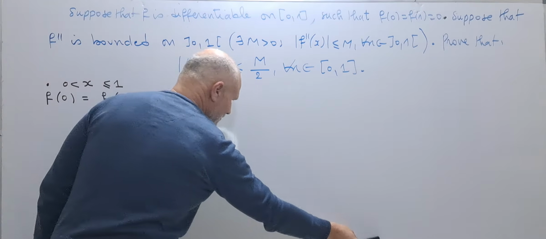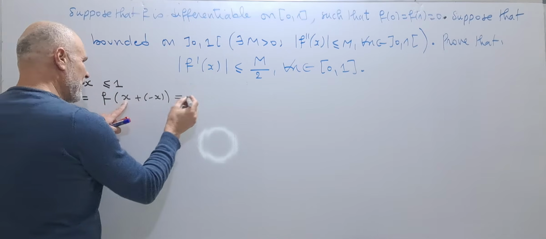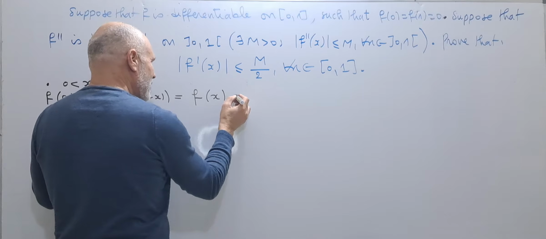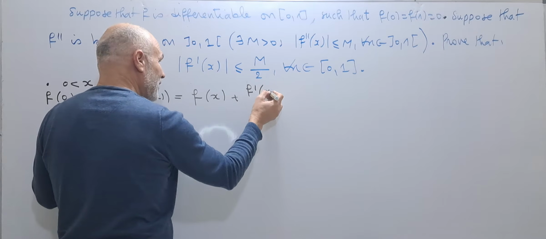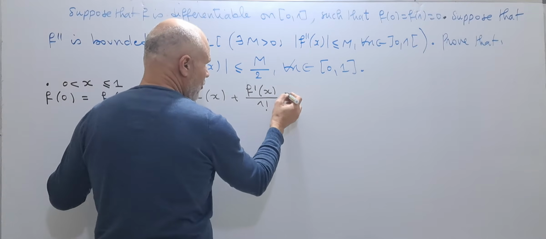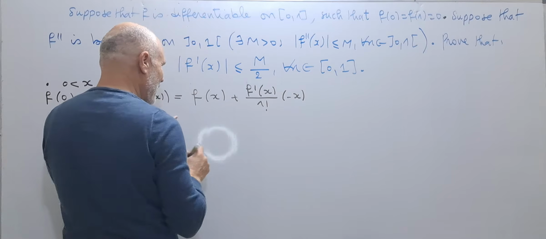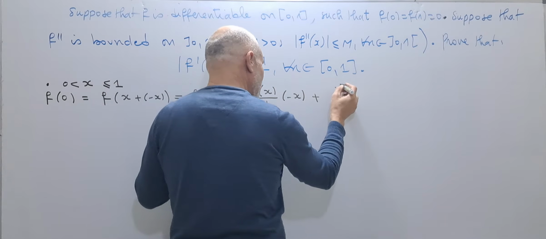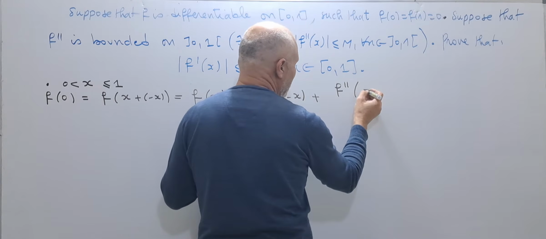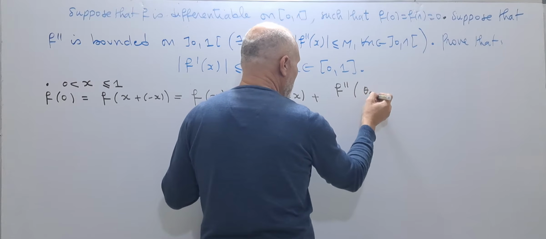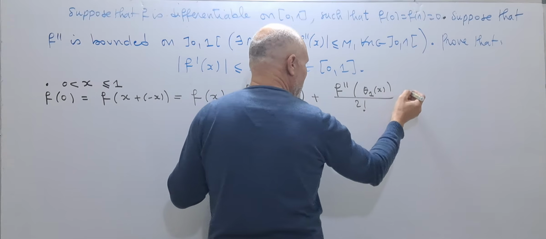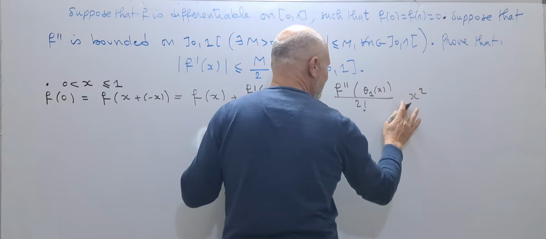Using this idea, here we can write f of x0, so this is equal to f of x, plus f prime of x over 1 factorial times h, which means minus x, plus, with Lagrange, f twice prime of theta 1 of x over 2 factorial times x square.